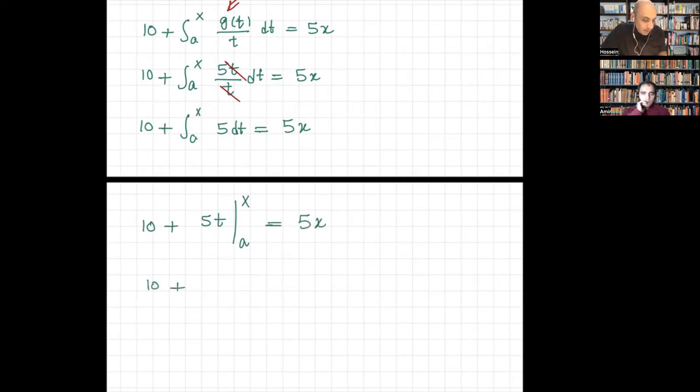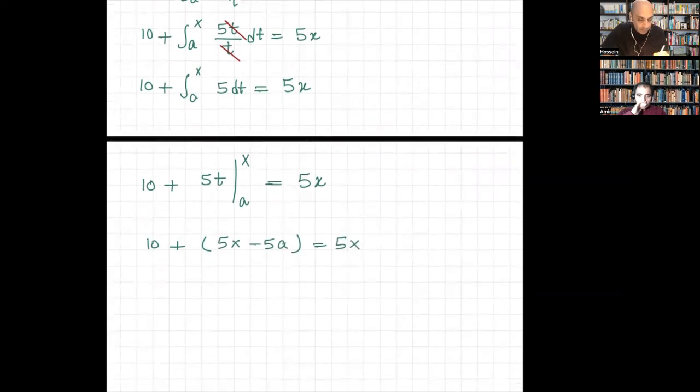And I have 10 plus 5x minus 5a equal to 5x. I can cancel this 5x on both sides, because x is non-zero, correct? Exactly, because we said x is greater than 0.